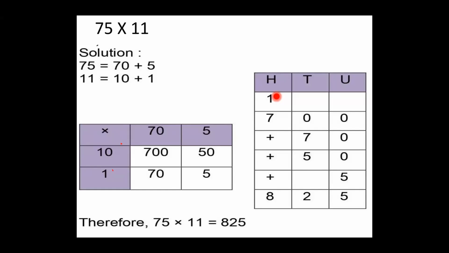Now come on, draw the table. Vertical 3 columns and horizontally 3 columns. Hope everyone has drawn.